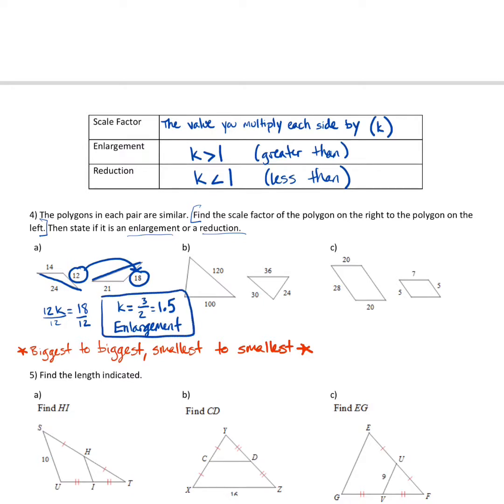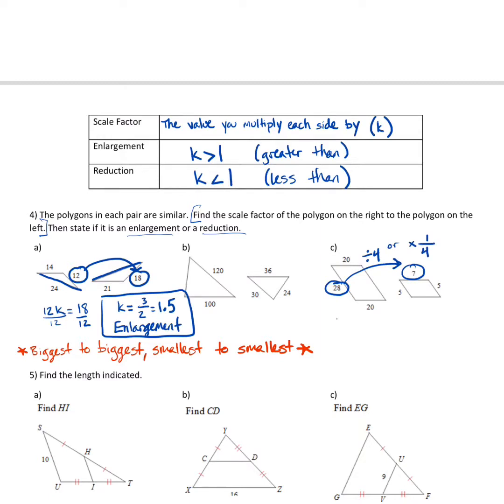Let's come over to part C. Here is my bigger piece. Here from 28 to 7. Some of you might be able to see that we divide that by 4. Well, dividing by 4 is the same as multiplying by 1/4.